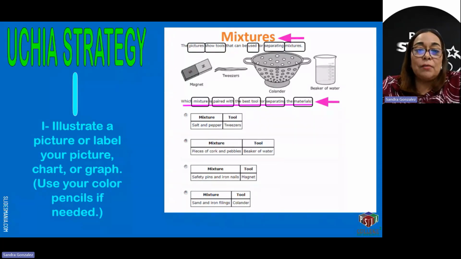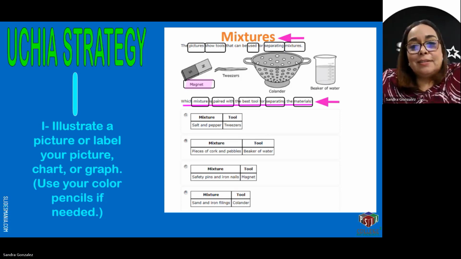So here we have our illustration. What would be some of the things that we would highlight here? Magnet. Definitely magnet. I think I would put zinc on top of the magnet, like you would if it has anything to do with something magnetic.